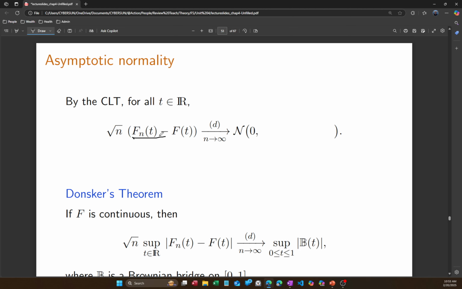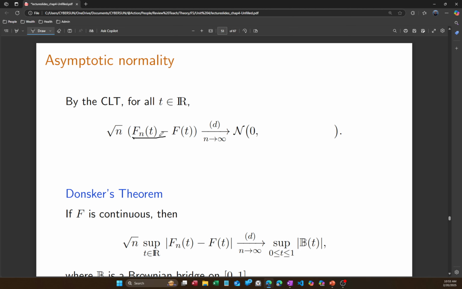Now, can you tell me what t is here? Think about it for a second. The indicator at t is a Bernoulli random variable, and F_n(t) is the average of that.